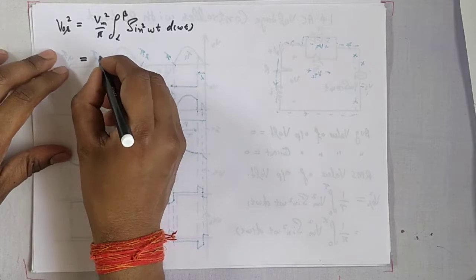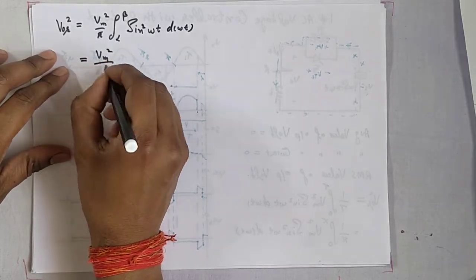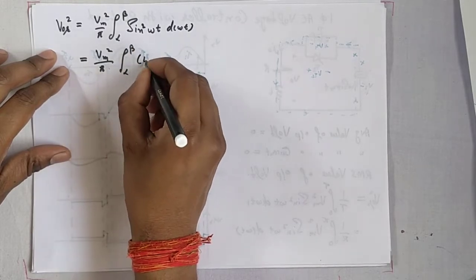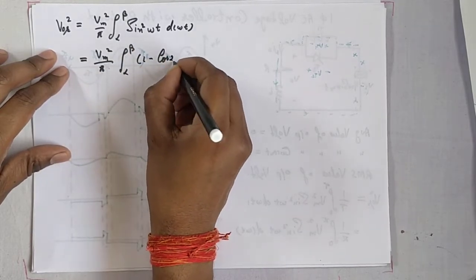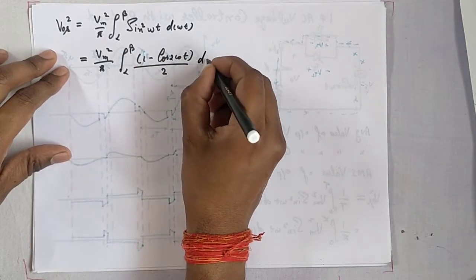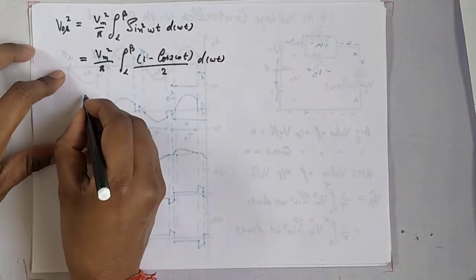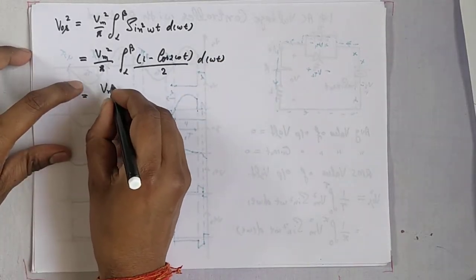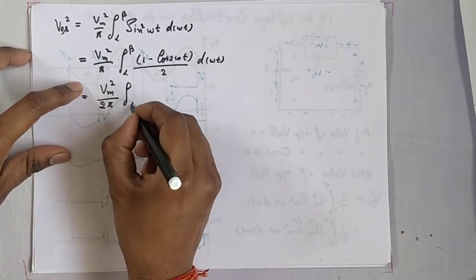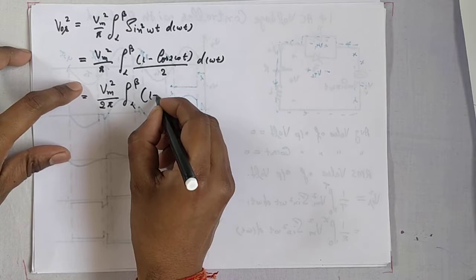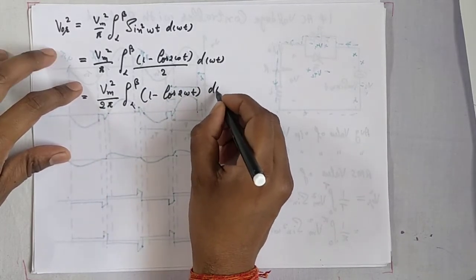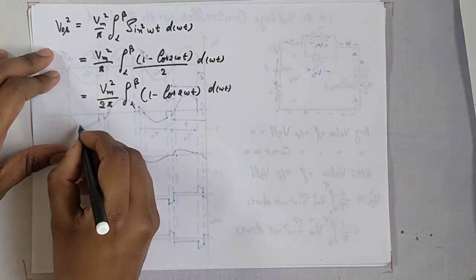You can also write Vm square divided by pi, integral from alpha to beta of (1 minus cos 2 omega t) divided by 2 d of omega t. That is Vm square divided by 2 pi, integral from alpha to beta of (1 minus cos 2 omega t) d of omega t.